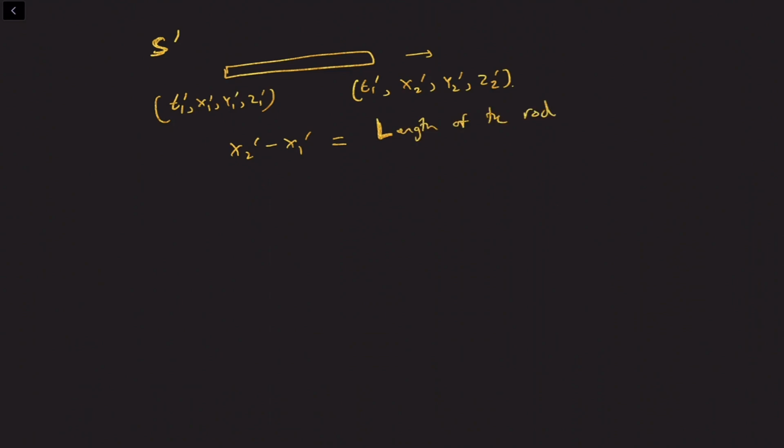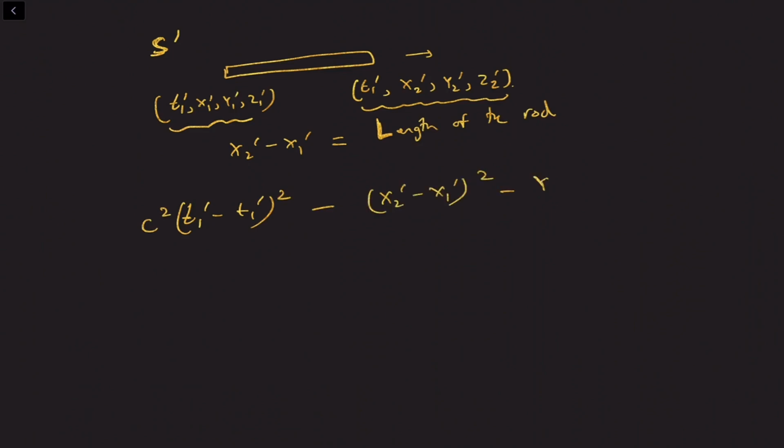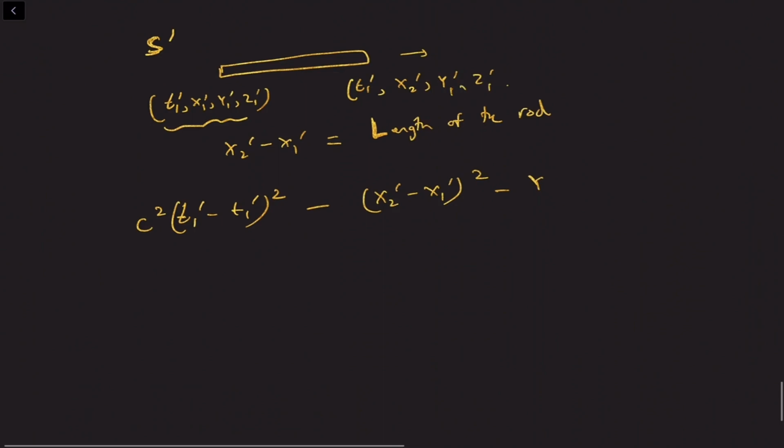Okay, and let's assume that this rod is at rest in the frame S prime. Now, if you ask what is the space-time interval between these two space-time points, we can construct it by taking this difference: t2 prime minus t1 prime squared, minus x2 prime minus x1 prime squared, minus the y coordinates and the z coordinates, which have not changed.